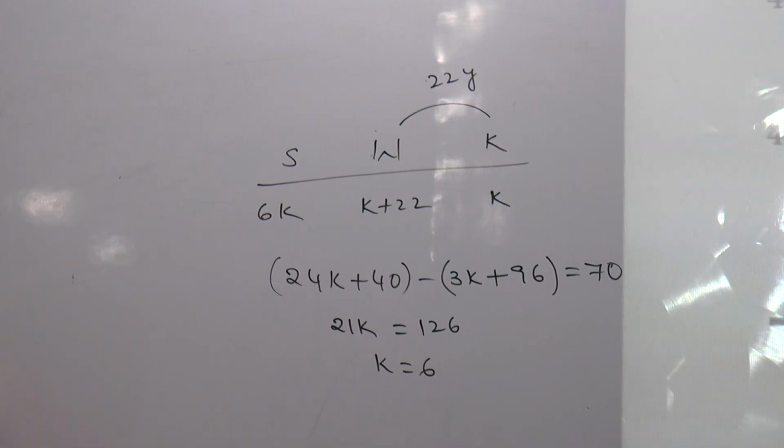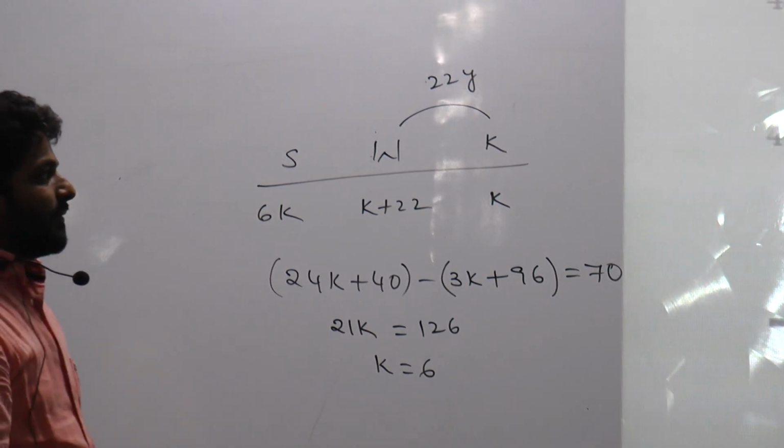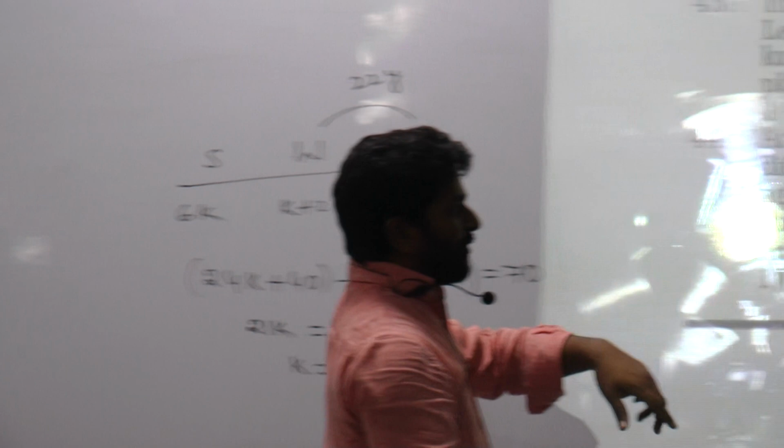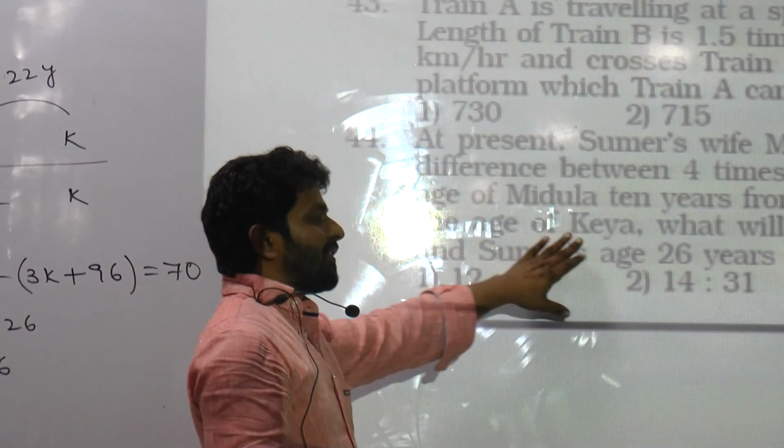Right. So last statement says Sumer's age is 6 times the age of Kia's age.